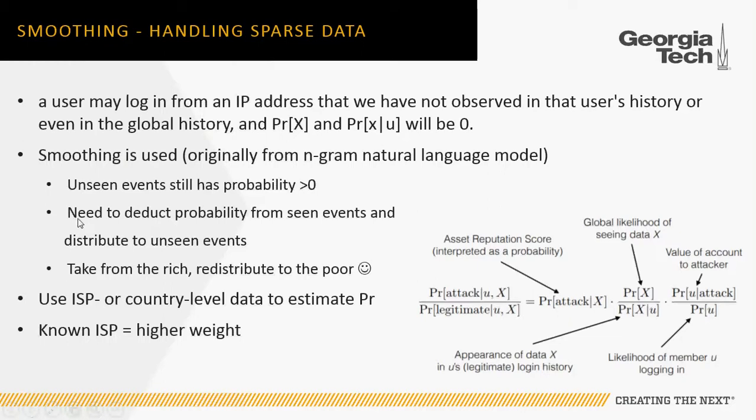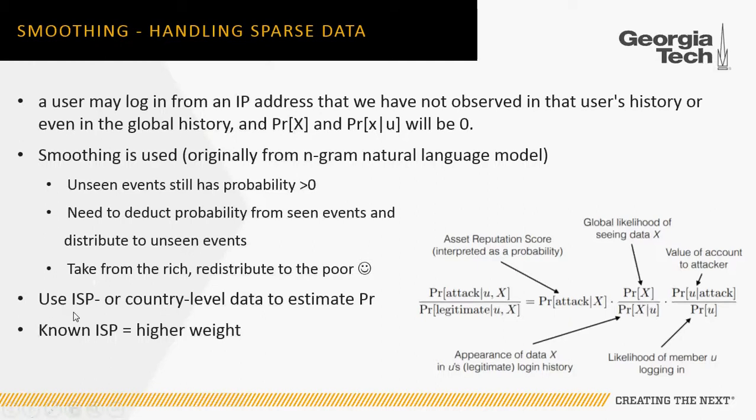We can deduct the probability from the seen events and distribute it to unseen events. That is, we don't calculate the probability of unseen directly, but rather from the seen events. That's similar to a Robin Hood principle. It's taking from the rich and redistributing to the poor.